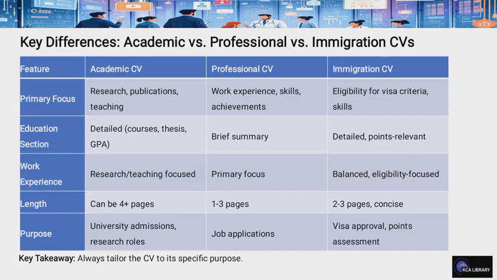For the professional CV, the primary focus is work experience, skills, and achievements. For the educational section, you just briefly summarize. Work experience is the primary focus there, the length should be between 1 to 3 pages, and the purpose is for job application.